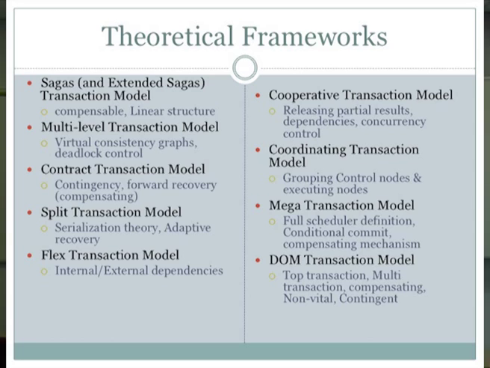And then we have cooperative transactional model. Again, it solved the partial result problem. Introduced new concurrency control for those concurrent transactions. We have coordinating transactional model. It's excellent model for collaboration, especially.